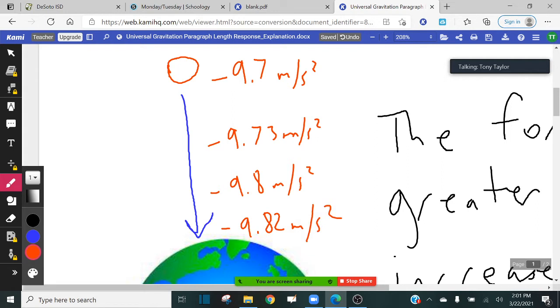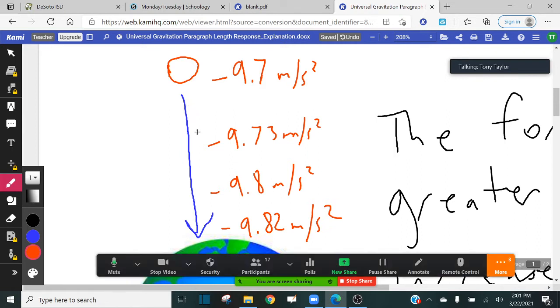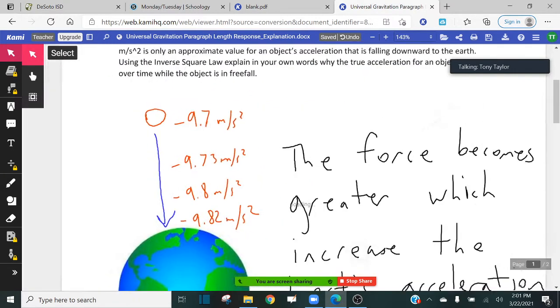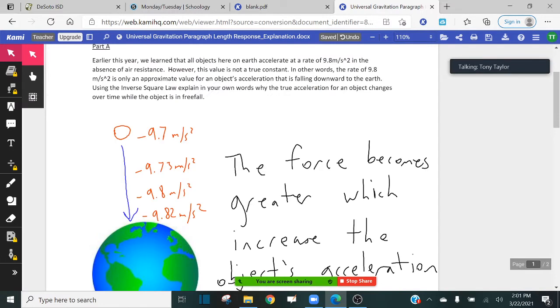So guys, here's the point. This acceleration actually gets greater and greater as the object descends toward the Earth, because the force acting on it gets greater over time. So 9.8 meters per second squared is an approximation for the object's acceleration.